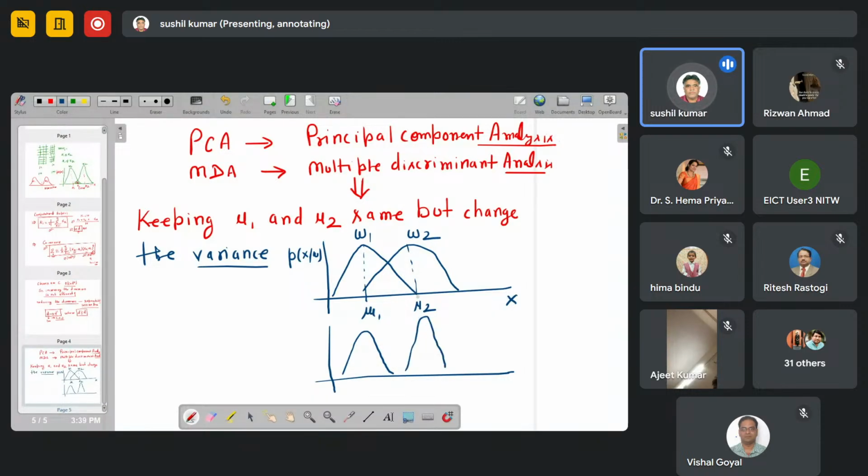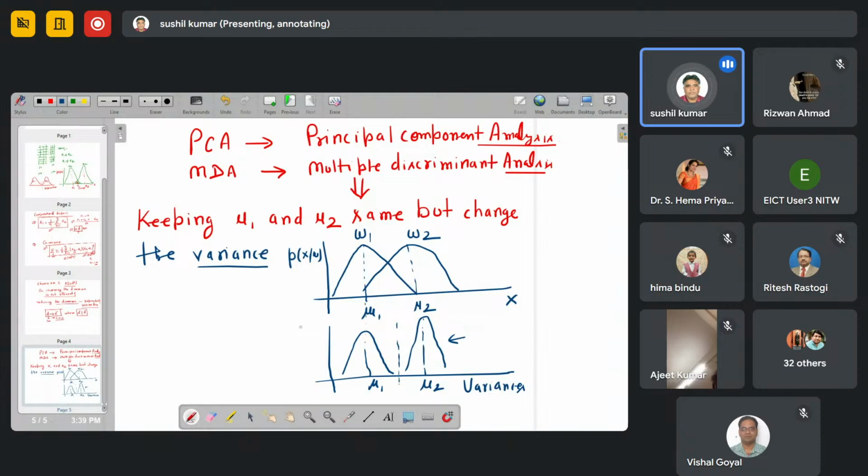The mu will be the same, mu1 and mu2 stay the same, but the variance will change. Here we are calculating the variances, and you can check that separability will increase, and the classes will be separate.